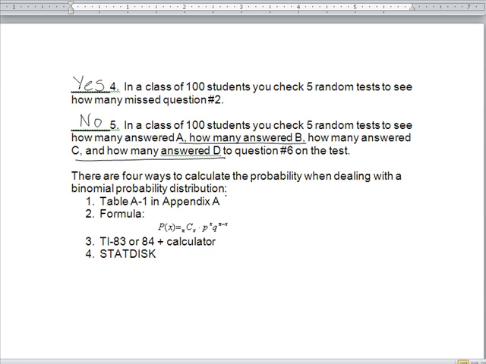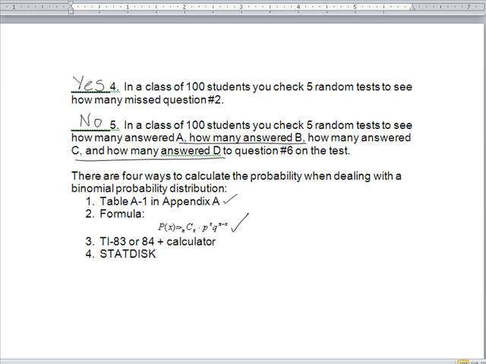A second way is to use a formula, and you'll notice the combinations are used in this formula. So you have P of X, and I may give the formula in a different format from the book. Yeah, the book gives the factorial format for this part.